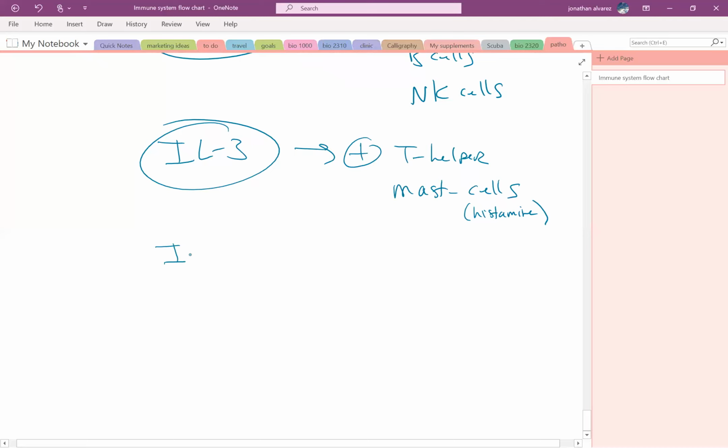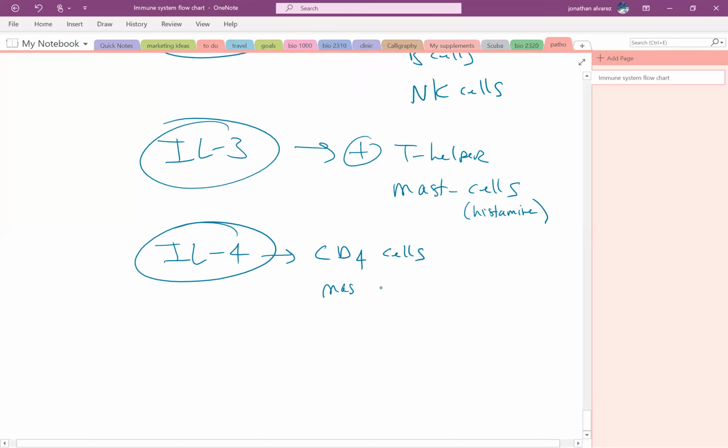Okay, and then interleukin 4 are the CD4 cells. The mast cells.